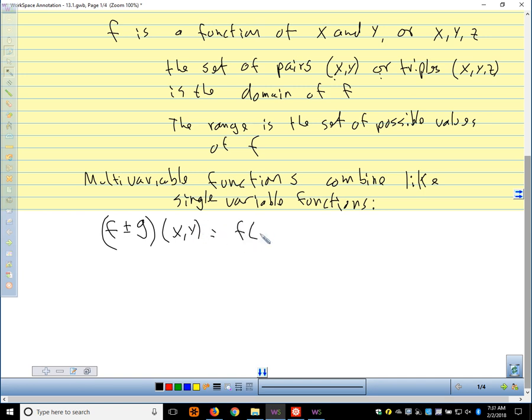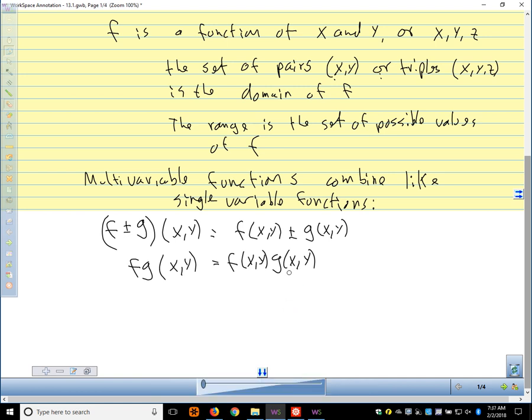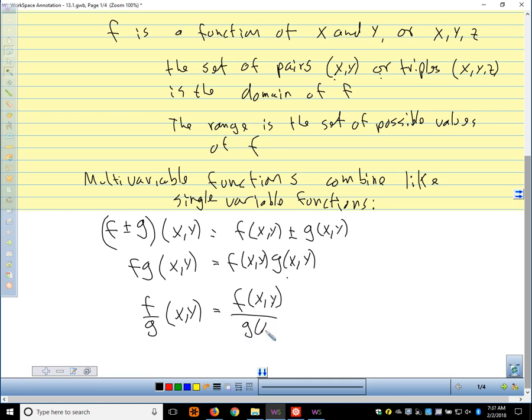We just add the two functions, f of x, y plus or minus g of x, y. We can multiply the two, f times g, and that's just f of x, y times g of x, y. And we can divide the two. It's going to be f divided by g, with the caveat here, like we always have when we divide, the denominator is not 0.